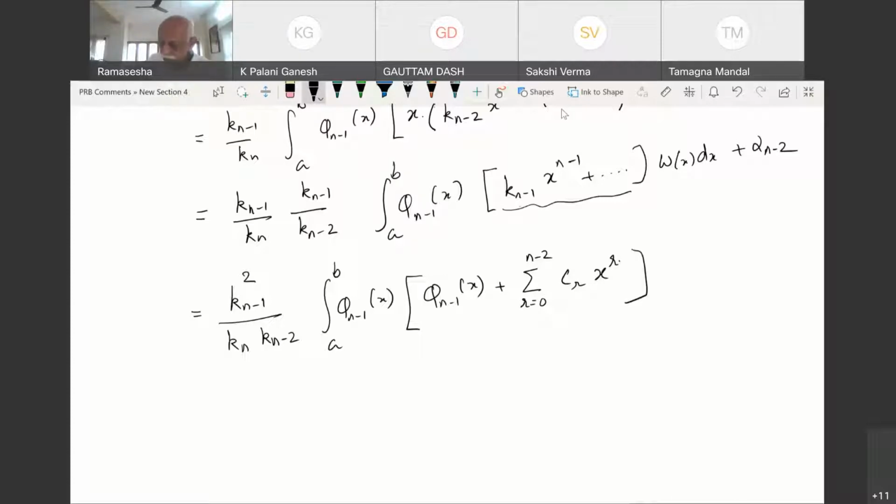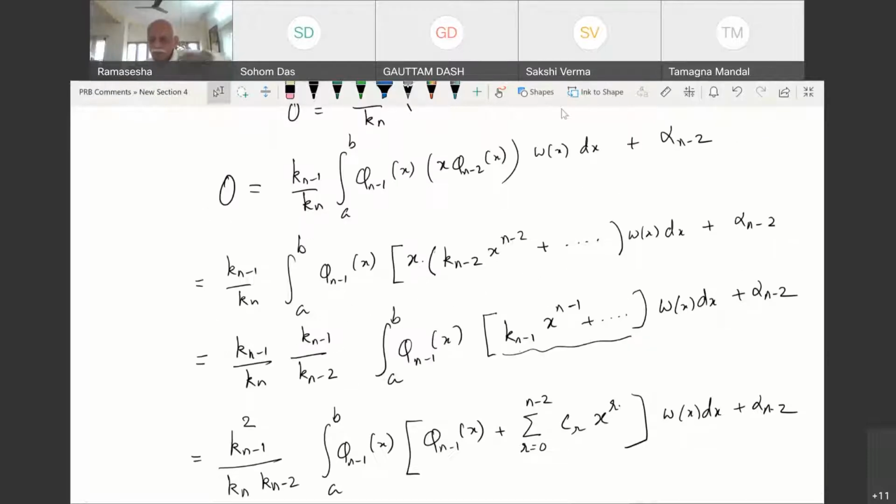Sir, in the previous equation, why is the coefficient of w(x) x to the power n minus 2, x plus alpha, and so on? No, it is x to the power n minus 1, k_{n-1}. That's because, look at the following. What I have is k_{n-2} x^{n-2} right here.